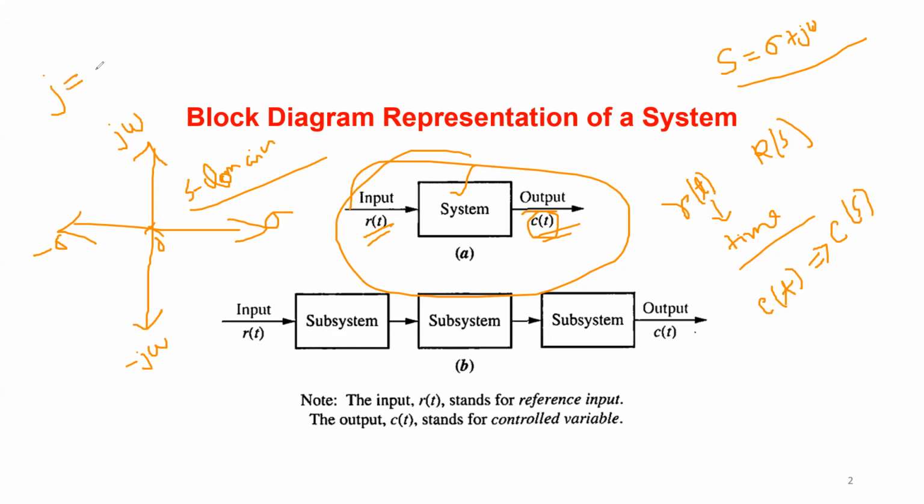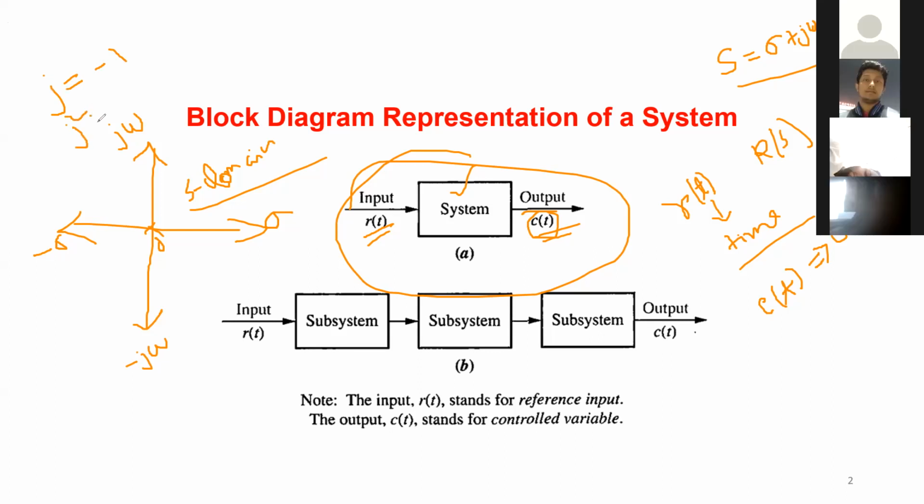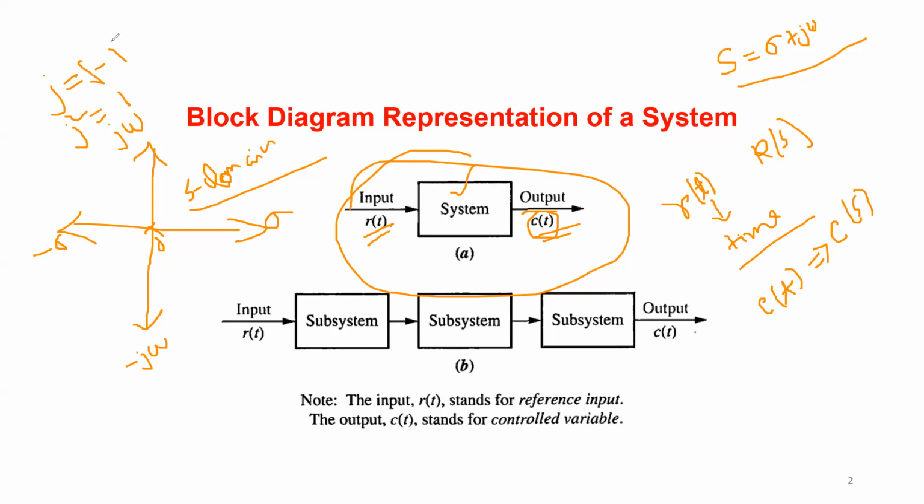J is equal to the square root of -1, so j squared is equal to -1.